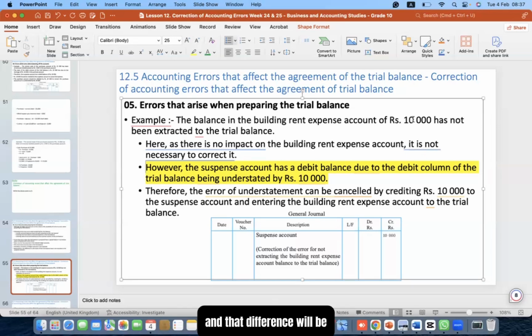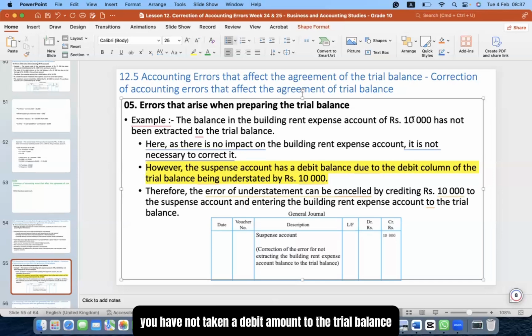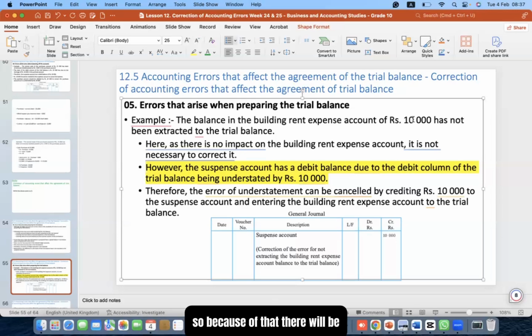And that difference will appear as the suspense account on the debit side, because the debit side is where you have the shortage or the deficit, because you have not taken a debit amount to the trial balance. So you identify the difference and post it on the side where you have the shortage, that is the debit side.